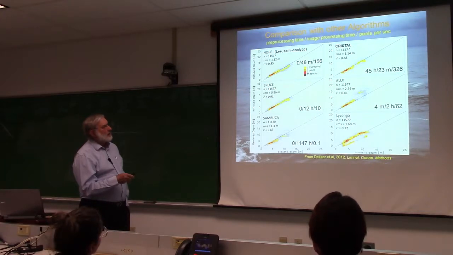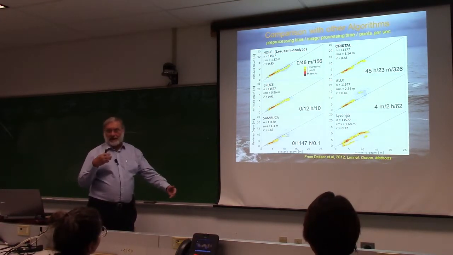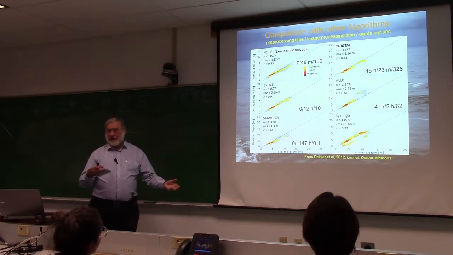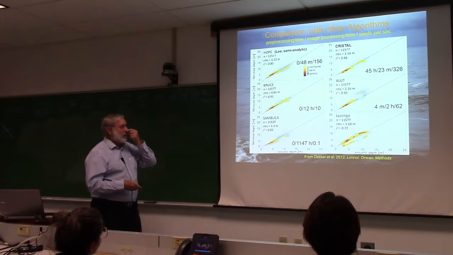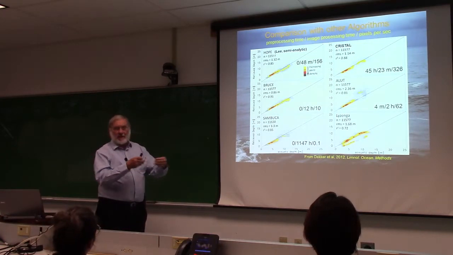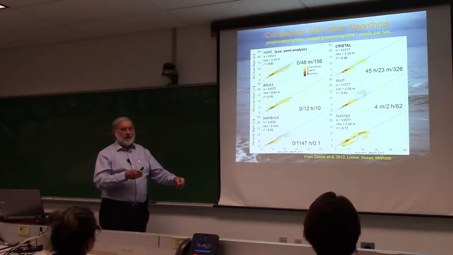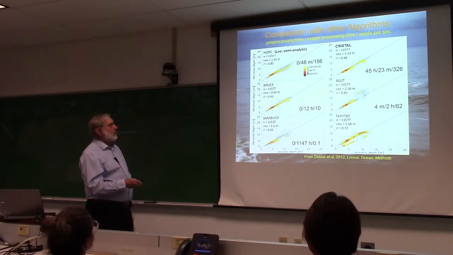In my case, it took me 45 hours to create this database, but I only have to do that once, and then I can use the database from then on, at least for the Bahamas. The second number is how long it took me to process the image, and the third number is how many pixels per second my retrieval was working on.